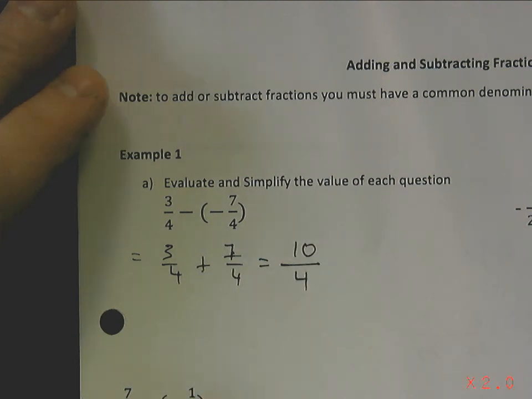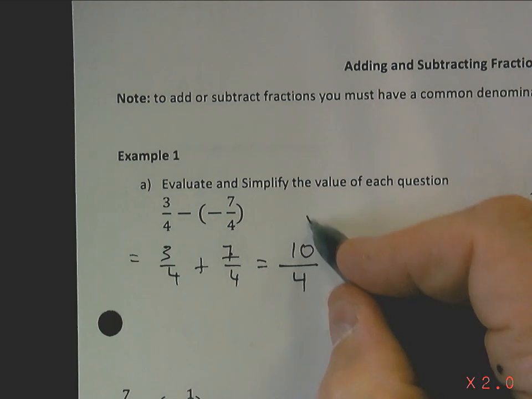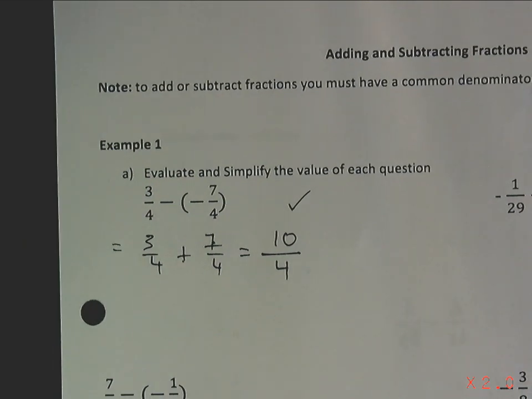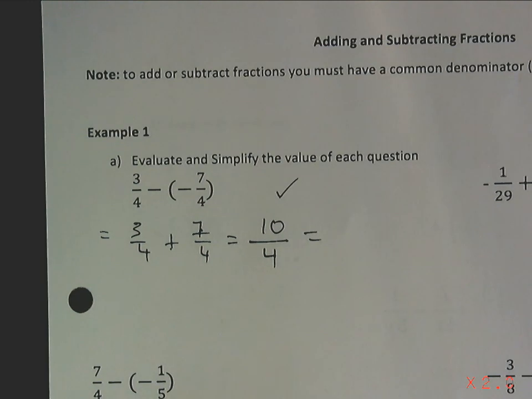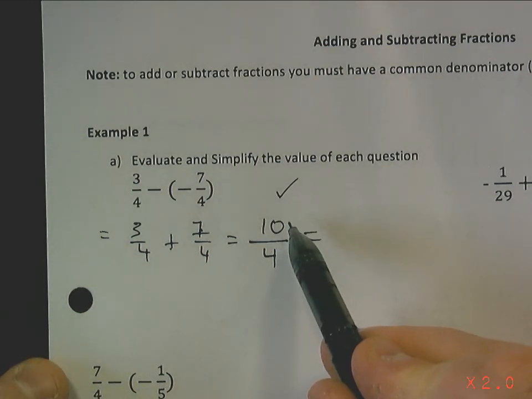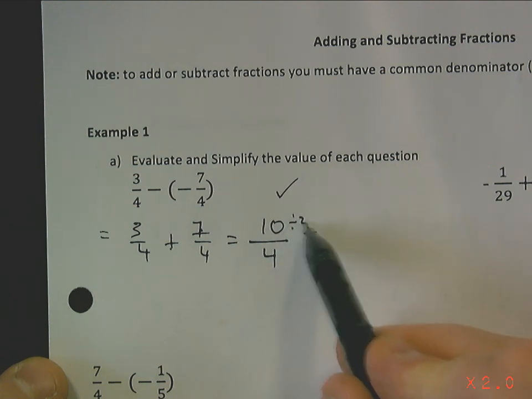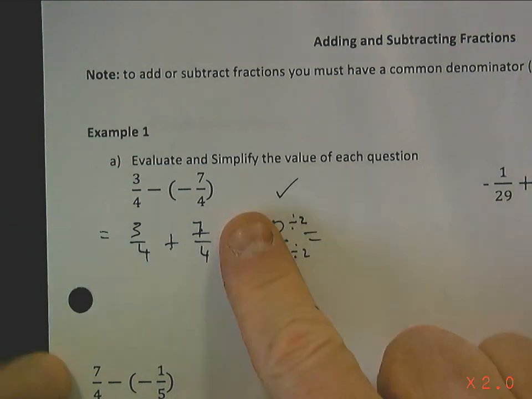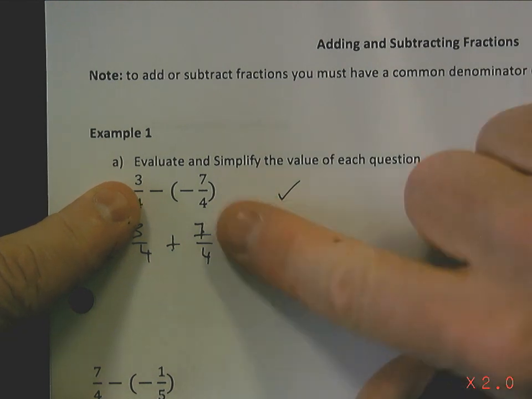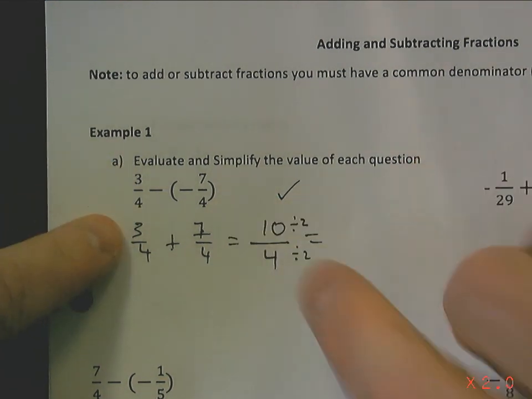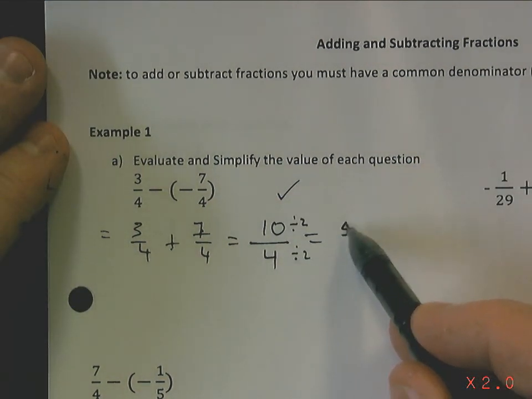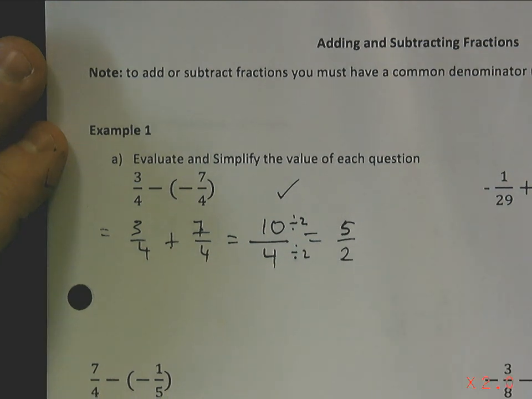It's 4. At this point, it's correct, but what the answer key will do and what math people like to do because they like to simplify is, by complete coincidence, 10 is even, 4 is even, so I know I could divide both by 2. Has nothing to do with the original question. I had no idea that this would have a 2 in common to both, just a fluke, and end up with 5 over 2.